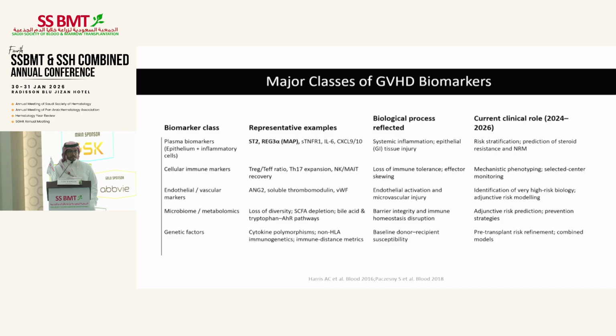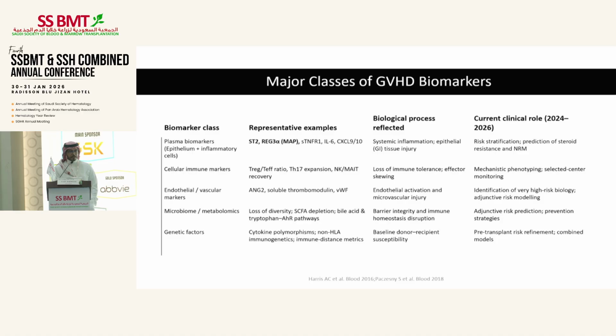Typically, you prefer to see a higher Treg to Tcon ratio, but if you have low Tregs and high Tcon cells, usually this is a bad sign of active GVHD. Same thing goes for natural killer cells. Recovery in the acute GVHD setting typically indicates an unbalanced immune system, which is seen in patients with active GVHD.